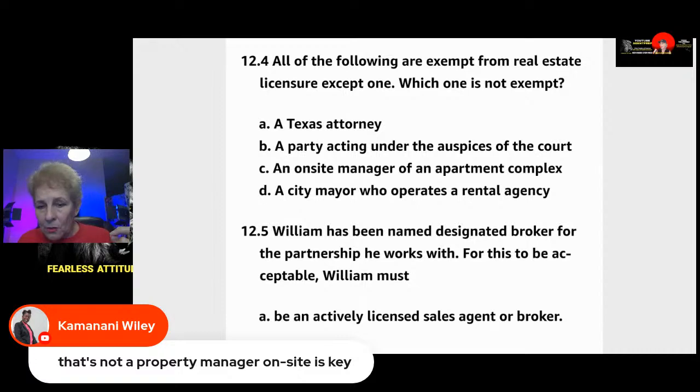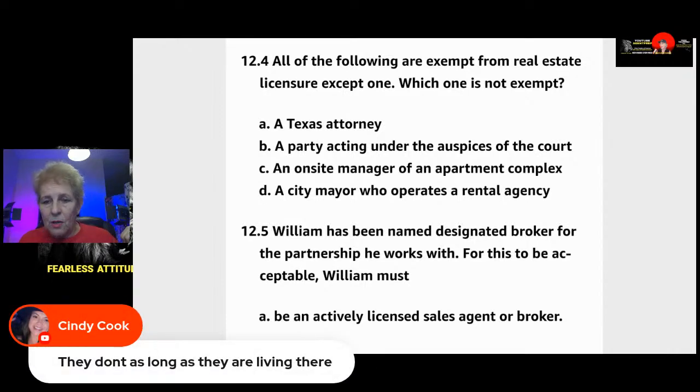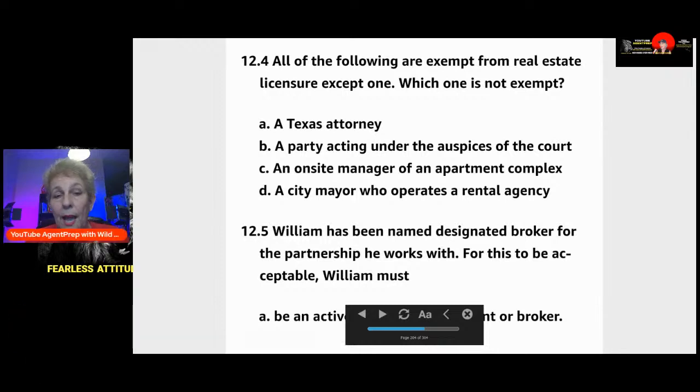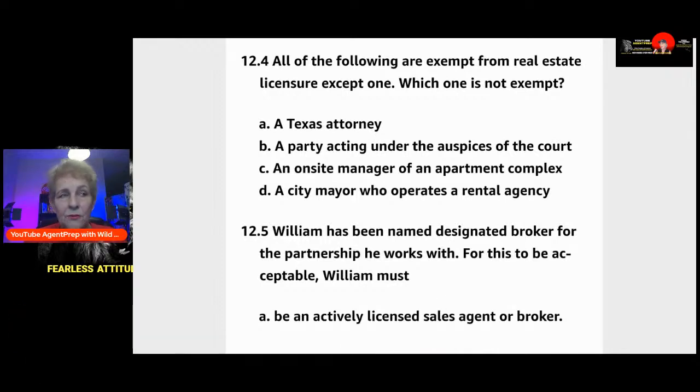Okay. So let's see here. They don't, as long as they are living there. Not necessarily. Here where I live at the condominium, we had an on-site manager that managed the property. They did not live here, and they were an employee of the homeowners association, and she was not a realtor nor a licensed property manager. She only managed these particular condos. Now we have a property management company that manages this HOA.